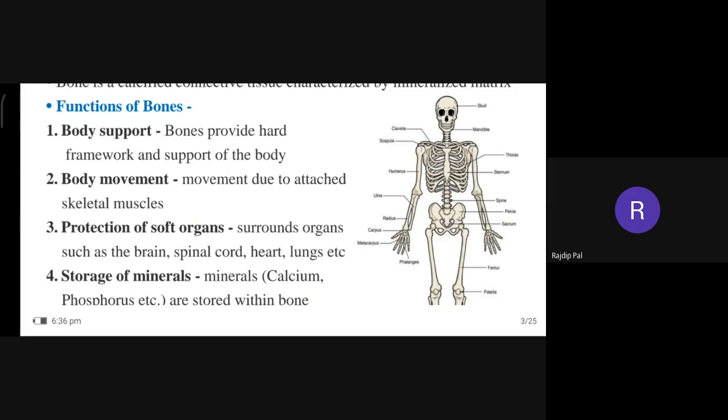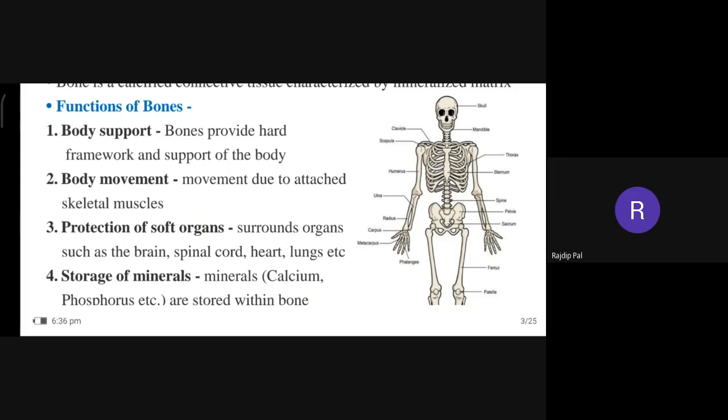So the main functions of bones or the skeletal system are to give support, and the second one is body movement. Obviously, if there were no joints in the body, if there were only muscles, then it would be difficult. Like a teddy is made up of cotton only.